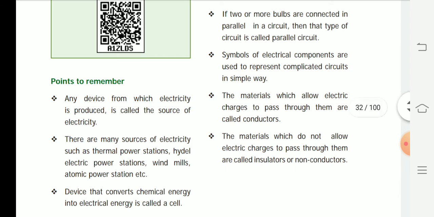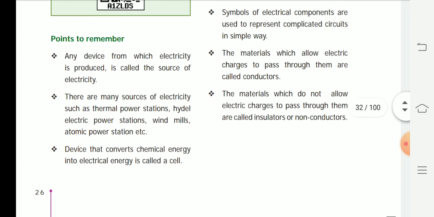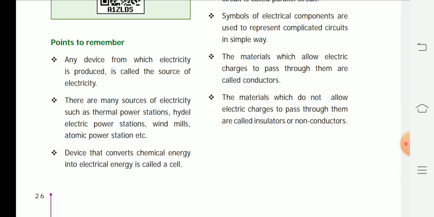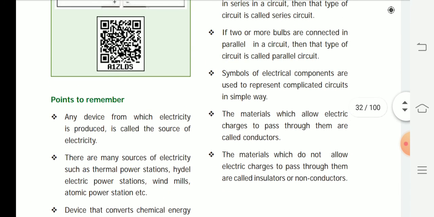Points to remember. Now we have finished the second lesson, electricity. Any device from which electricity is produced is called the source of electricity. There are many sources of electricity such as thermal power stations, hydel power stations, windmills, atomic power stations, etc. A device that converts chemical energy into electrical energy is called a cell.